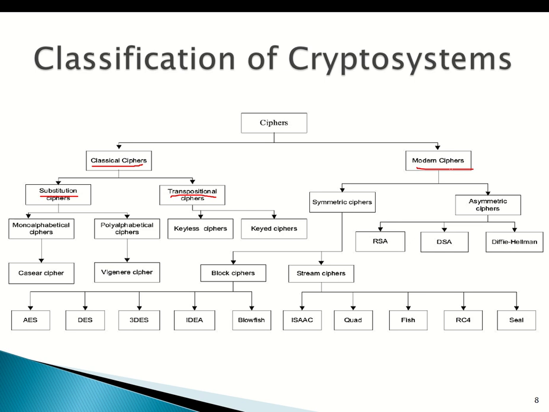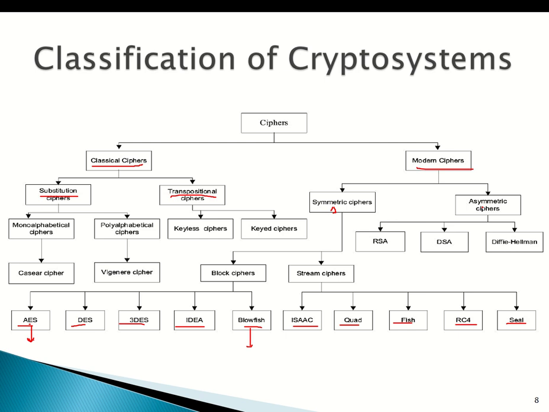But when we go to the modern cipher, we say symmetric cipher or asymmetric cipher. Symmetric ciphers use one key, and basically use a block cipher or stream cipher. There are many examples, and these are really very good encryption algorithms, like AES or Blowfish. These two are very strong algorithms.